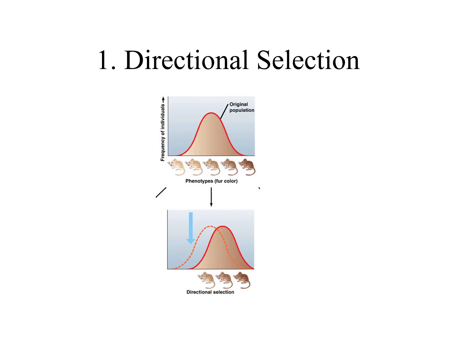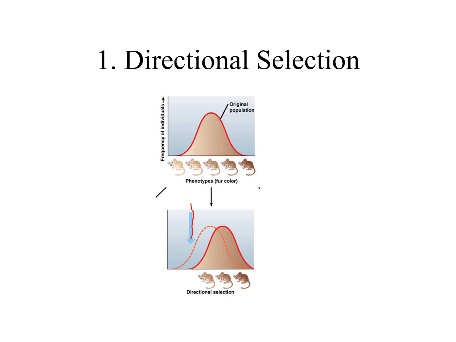What we see in this figure, again, is the original population on top. Below is sort of the after. This is the distribution of the phenotype in the population after directional selection has occurred. The blue arrow that you see, this blue arrow right here, is showing us the portion of the original population which is selected against.